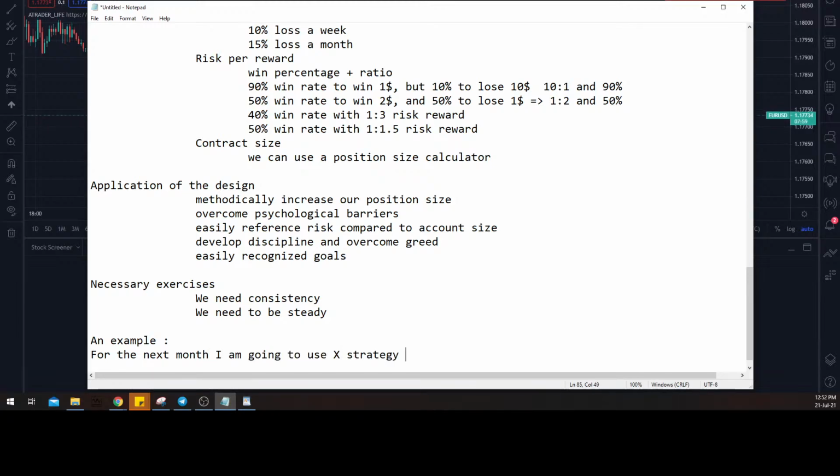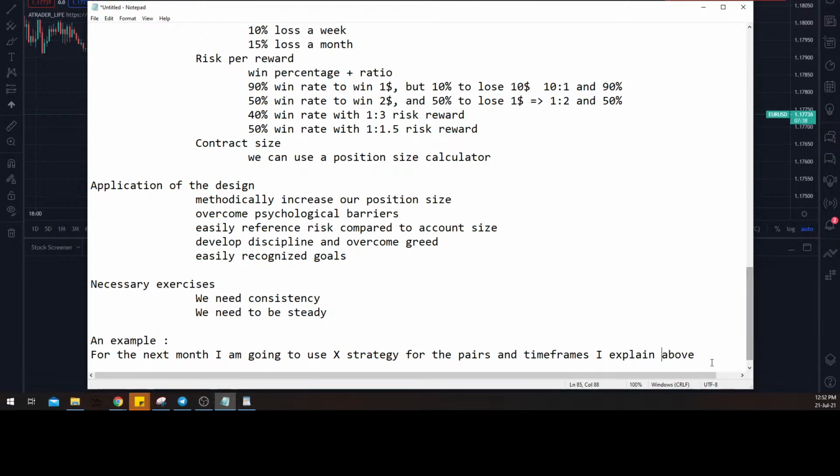It's up to you. For the pairs and time frames I explained above. This is going to be about risk management and psychological factors, and after this one I'm going to explain some of these strategies and how to use them, but that's going to be another course.